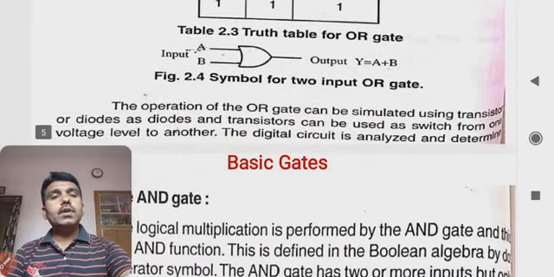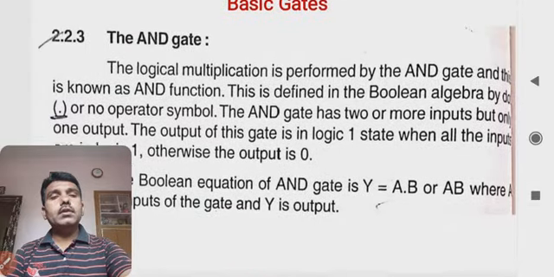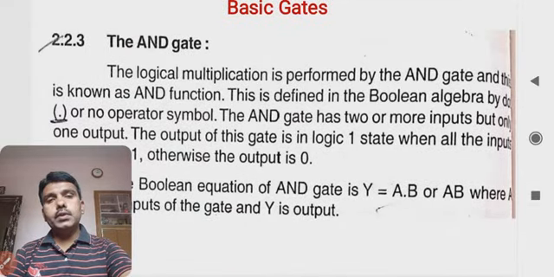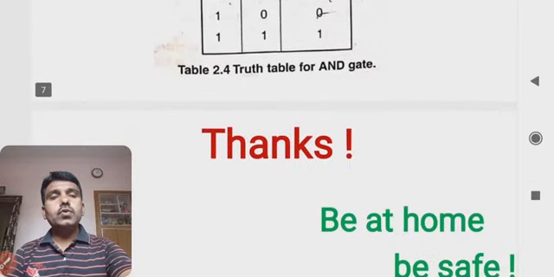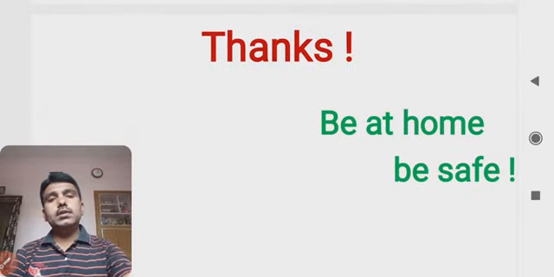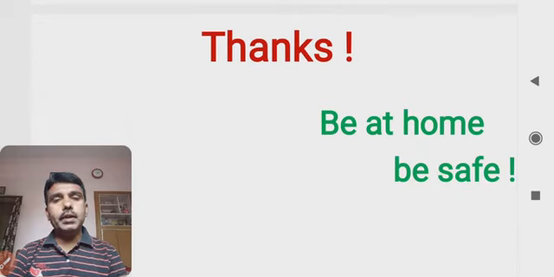And for the AND gate, when all the inputs are high, the output is high. So these are the three basic, fundamental gates. With these basic gates, other gates are created or modified, and that's why these basic gates are important in logic circuits.